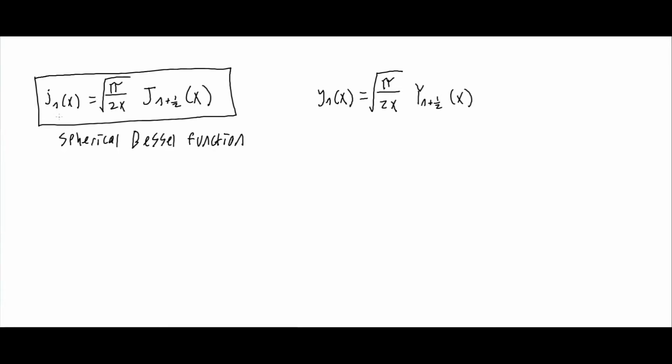And if we then wanted to combine this with our spherical harmonics, we would have our wave function as a function of r, theta, and phi being equal to the summation of L equals 0 to infinity, and then the summation of m equals minus L all the way to L, of some constant which is determined by boundary conditions, multiplied by our spherical Bessel function multiplied by our spherical harmonics.